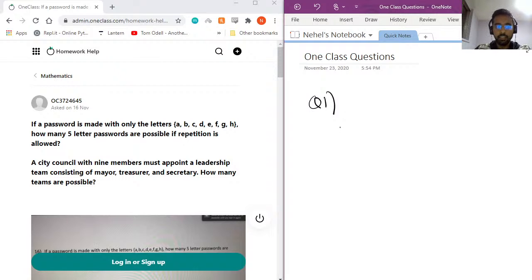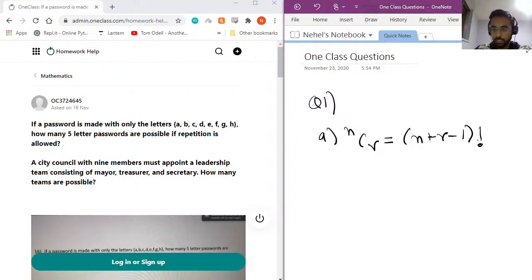So one of the key formulas which we need to know for solving the first part of this question is, when repetition is allowed, we have a formula for n choose r which we can use. So the formula goes as follows. n choose r is equal to (n plus r minus 1) factorial.